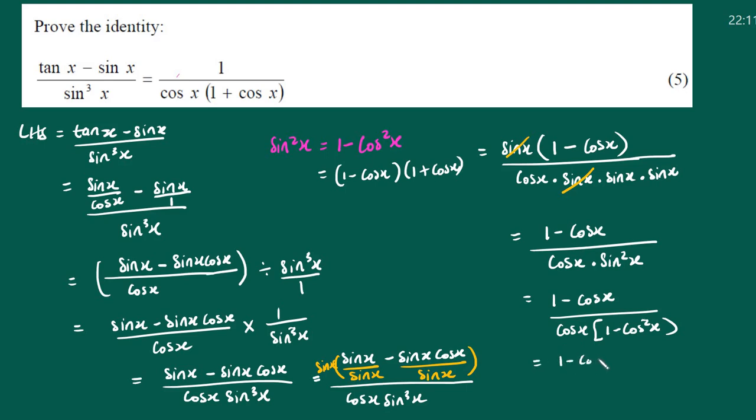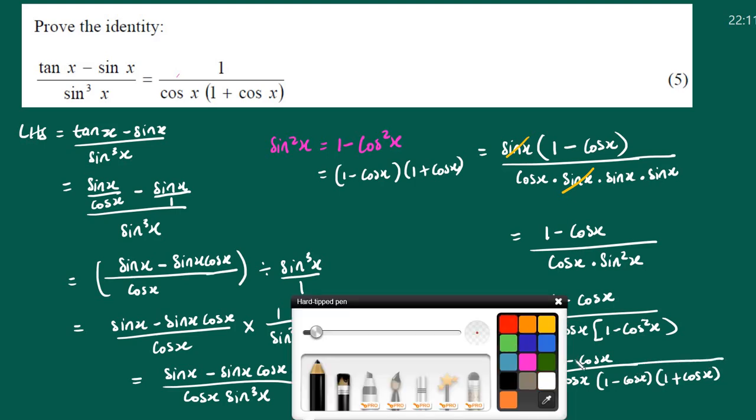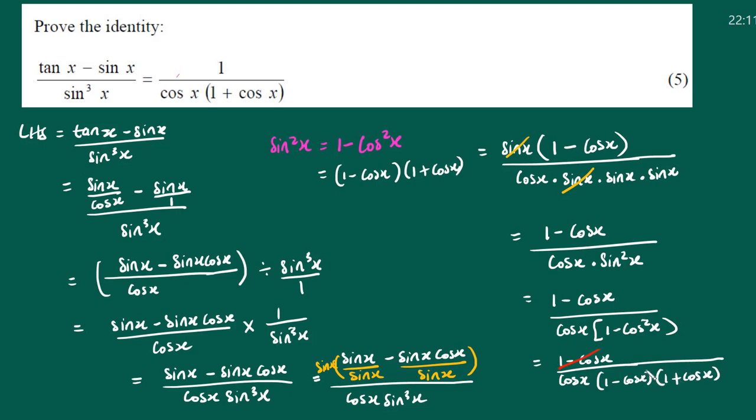So that's what you would do there. You have 1 minus cos x, all divided by cos x times 1 minus cos x times 1 plus cos x. Then what is going to happen there? 1 minus cos x divides the 1 minus cos x. Then on top you should be left with 1, and at the bottom you are left with exactly this thing.